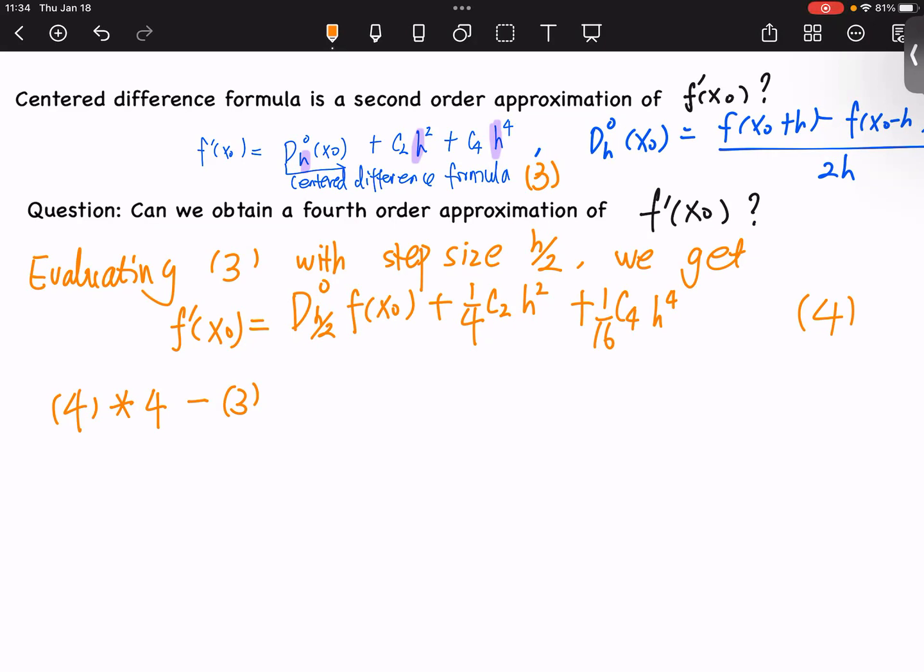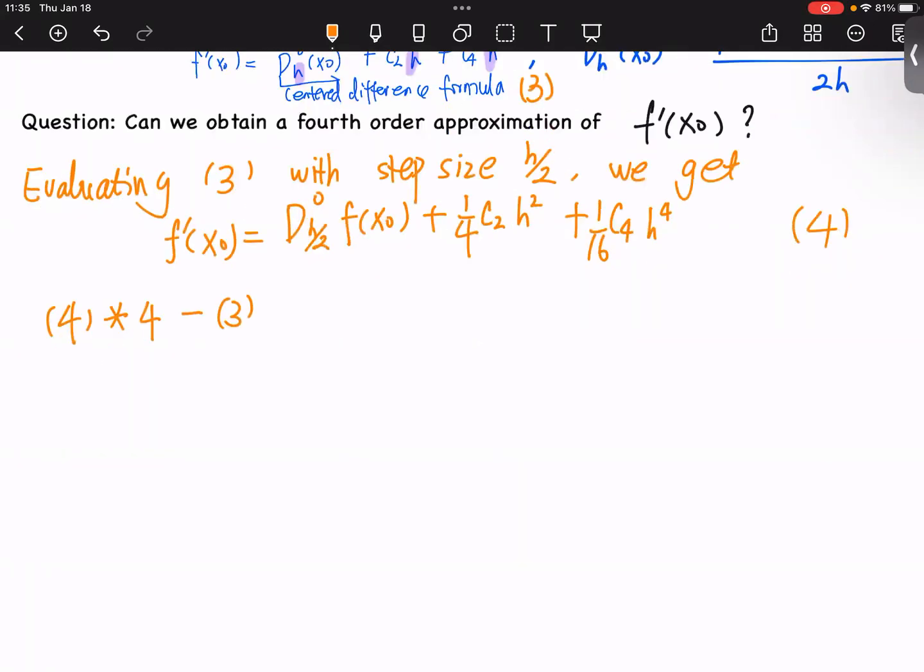You will see that because we are multiplying formula 4 by 4, this error term would become C2h squared, and then subtracting formula 3, which has C2h squared there, we have cancellation and it just goes away. So let's see, if we do this multiplication and subtract formula 3, what can we get?